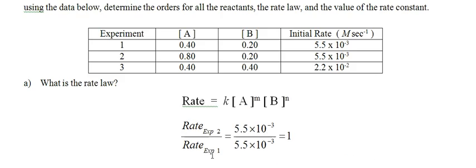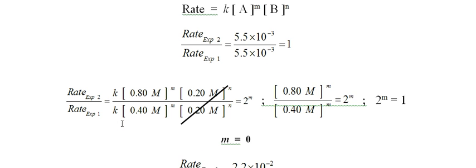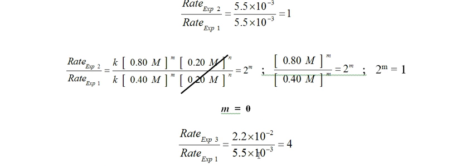Alright, so now we can look at experiment 3 and 1, because the concentration for A happened to be the same. And if we can have that scenario, let's go ahead and use that. So we're going to look at this, and let's put the faster of the two rates on top. So it looks like we want to have experiment 3 over experiment 1. By doing the calculation, we have a value of 4, which means that experiment 3 is 4 times faster than experiment 1.